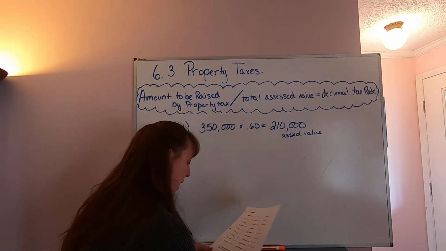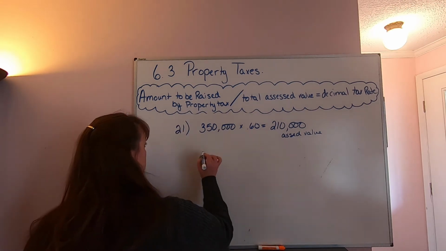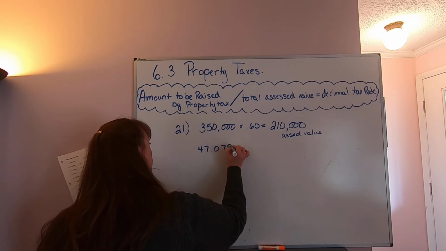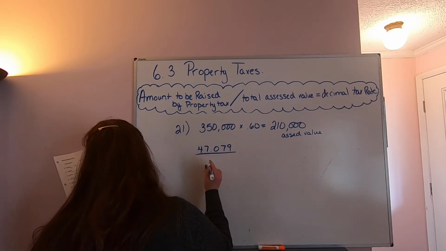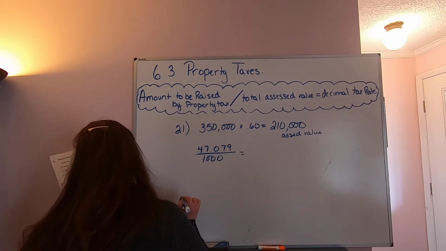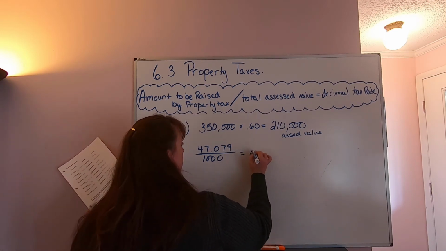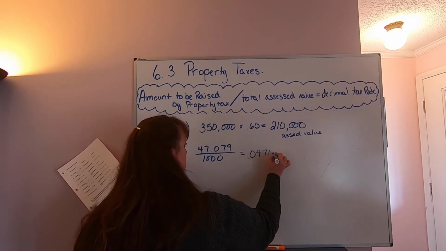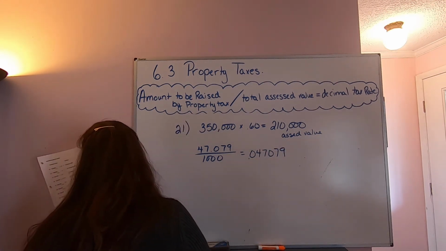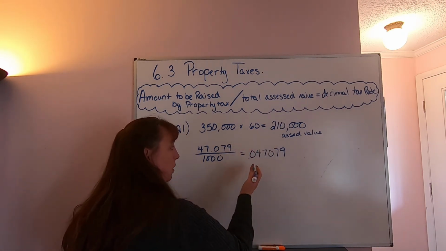Okay. Next, remember it's in mils, we need to figure out our rate. So we're going to take the 47.079, and with mils we divide by 1,000. When we divide that by 1,000, we're going to get 0.047079. All right, now we have our assessed value, we have our rate, so we're going to multiply them.